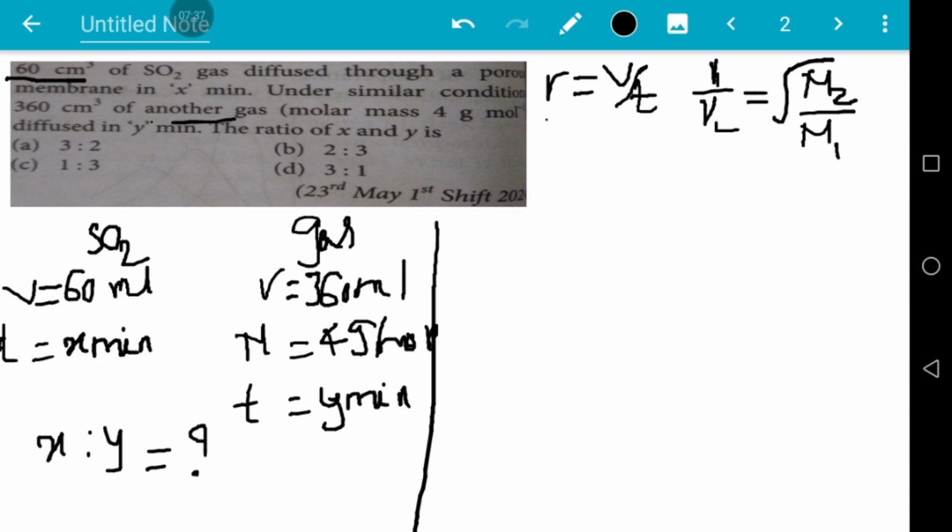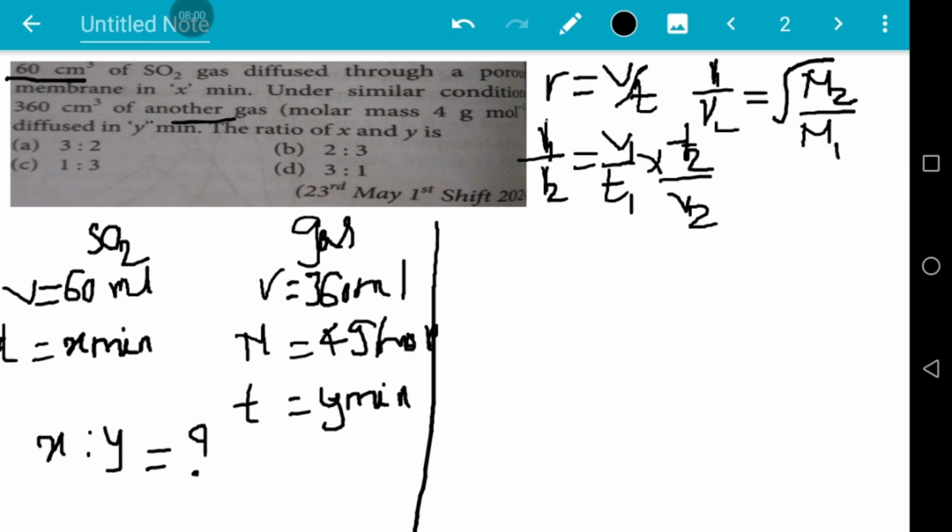So here, based on this formula, R equals volume by time, then what can you write? R1 by R2 equals V1 by T1 divided by V2 by T2; taking the reciprocal, T2 by V2 will come.